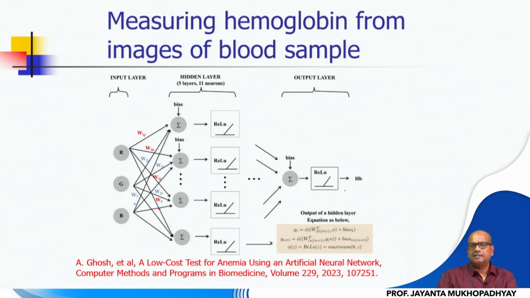So, this is the neural network model, and you can see that we considered 5 layers and 11 neurons in each layer, and this model has been empirically derived. These are called hyperparameters of models: the number of layers and number of neurons per layer. We varied them, and finally found the best we could get within that variation.